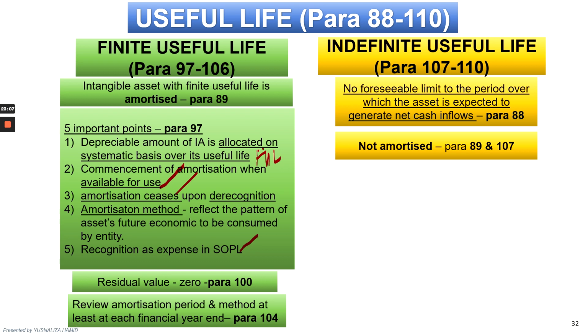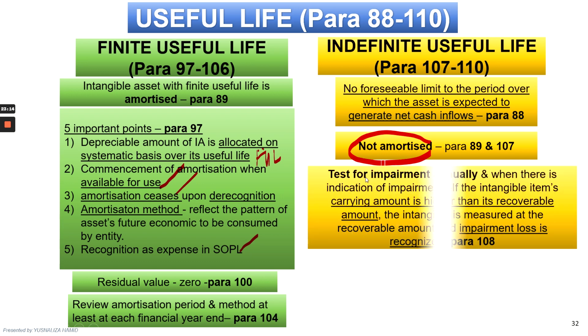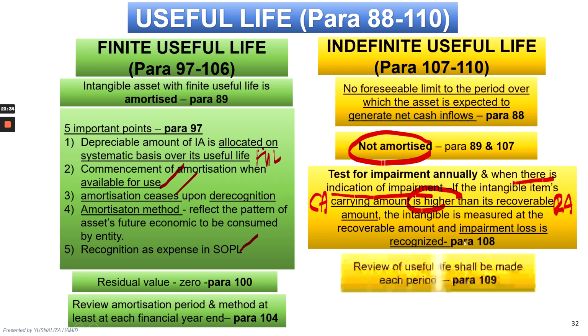However, it will be tested for impairment when there is an indication that the asset is impaired. Normally when the carrying amount, CA, is higher than the recoverable amount, RA, and the difference is what you call impairment loss. That is under paragraph 108.